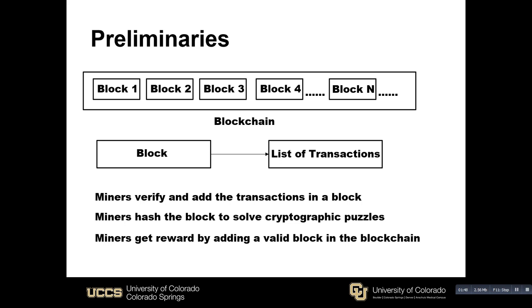A cryptographic puzzle is like finding a specific value, for example, when the miners hash a block, that hash value should have the first 6 digits as 0. When the miners satisfy that requirement and can add a valid block successfully in the blockchain, they get a reward.